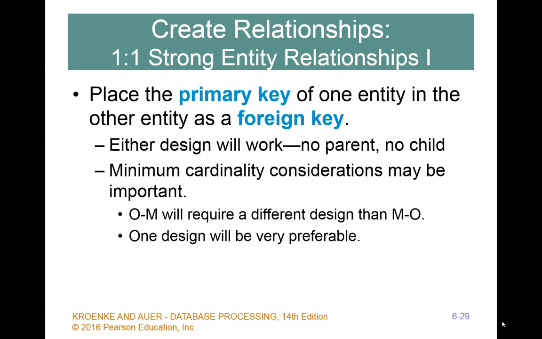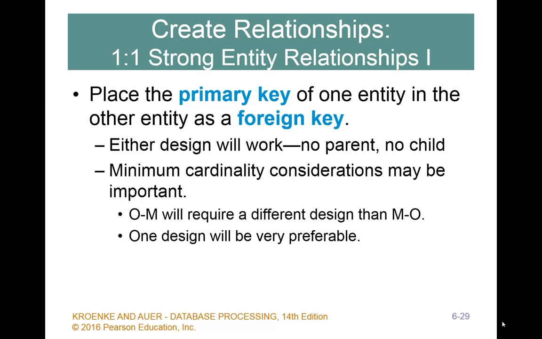You can take the primary key of the other one and put it as a foreign key, and it really doesn't matter. The only consideration is there may be some design aspects if your minimum cardinality is either optional to mandatory or mandatory to optional. Depending on what that is will depend on what you would need to do in regards to your database design. But we'll talk about minimum cardinality and how we enforce that in Step 3 of this chapter.